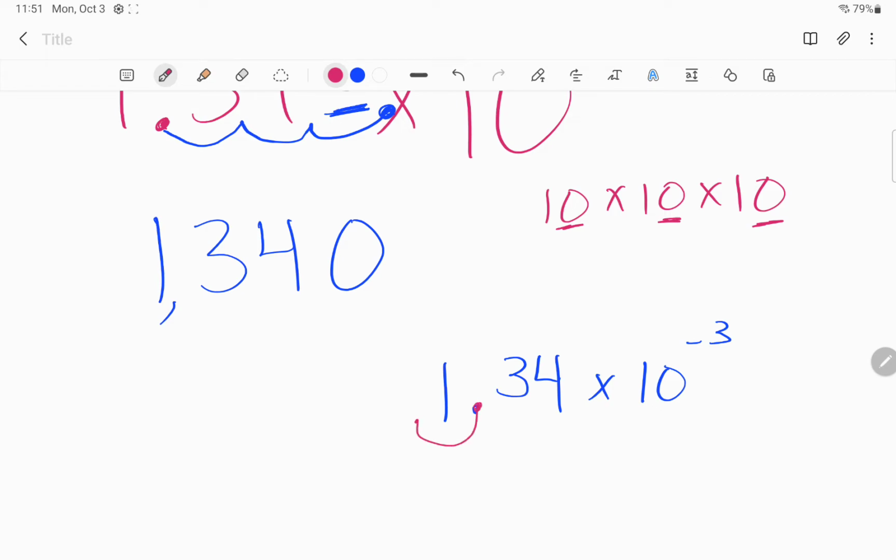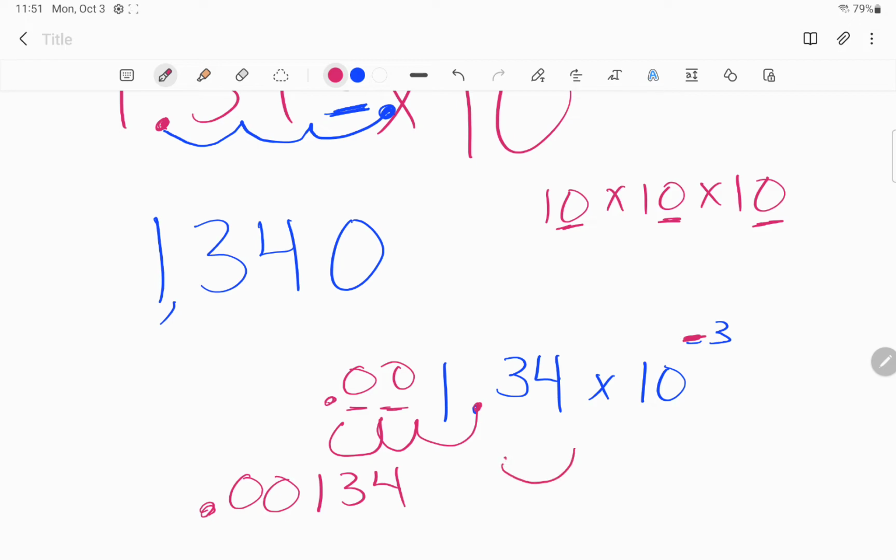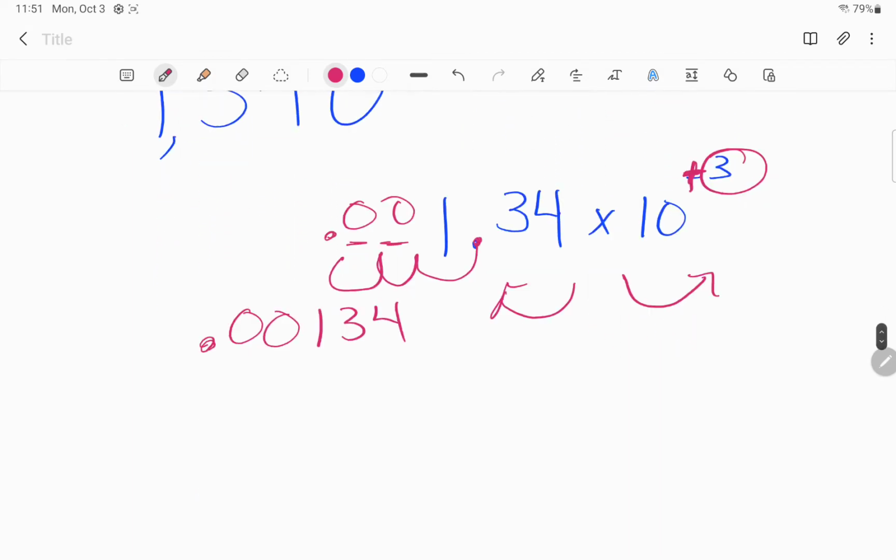We're going to go 1, 2, 3. Again, there's no number there, so we're going to fill it in with a 0. Decimal comes here, and our new answer is 0.00134. So if it's a negative, you go to the left. If it's a positive, you go to the right. And you are just counting how many spots or how many place values you got to move that.